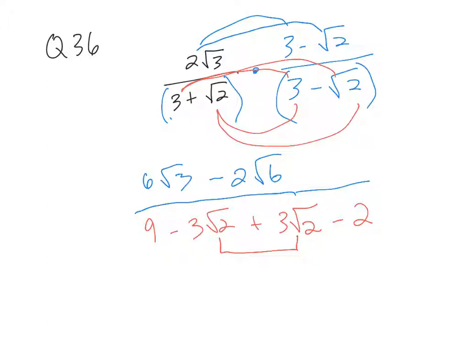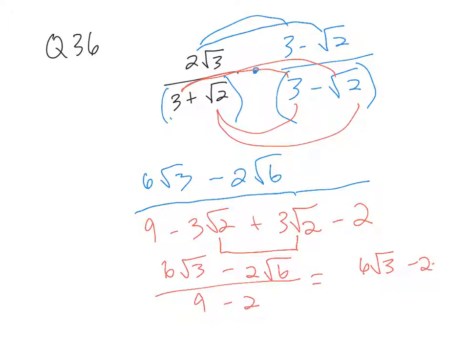So I'm left with 6 times the square root of 3 minus 2 square root of 6. All over, these cancel out, so I have 9 minus 2. I can simplify that 9 minus 2 to a 7. So I have 6 square root of 3 minus 2 square root of 6 all over 7. And this is simplified now because we do not have a radical sign in the denominator.